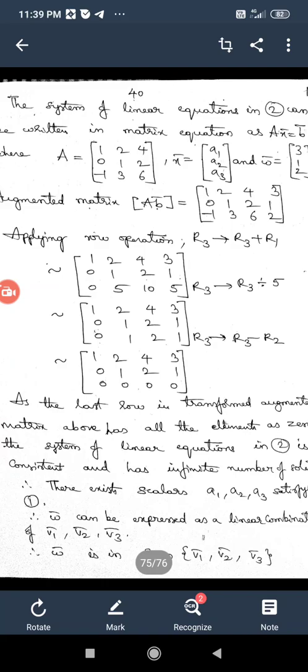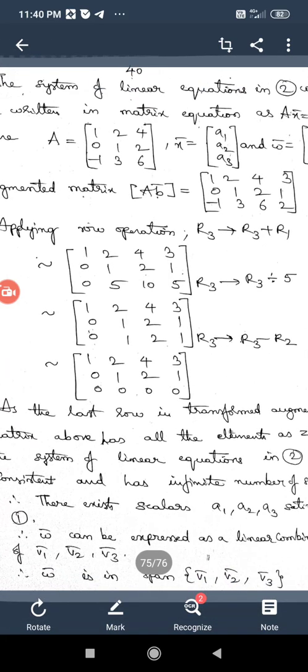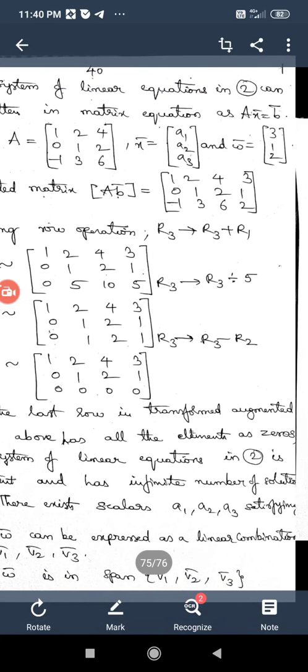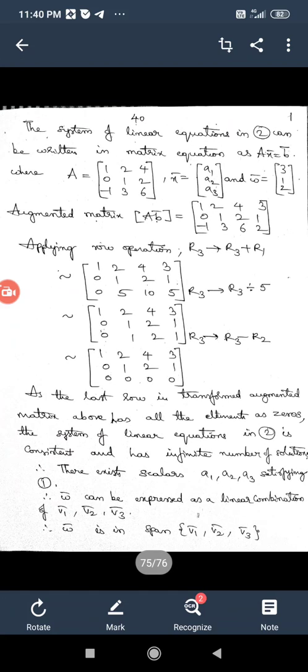Next, x bar is the column vector consisting of all the variables a1, a2, a3, and b bar is the values on the right hand side of those 3 equations in equation 2. So b bar is the column vector (3, 1, 2). Now the augmented matrix [A | b bar] is 1 2 4 3, 0 1 2 1, minus 1 3 6 2.